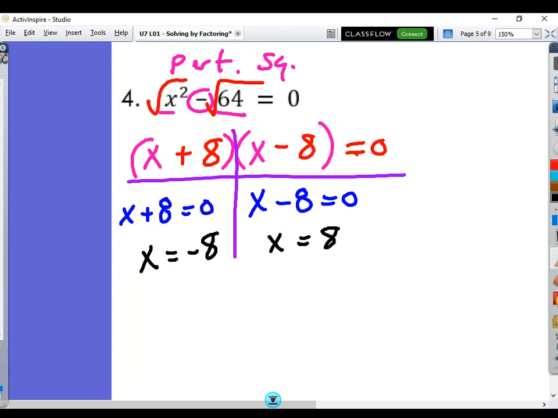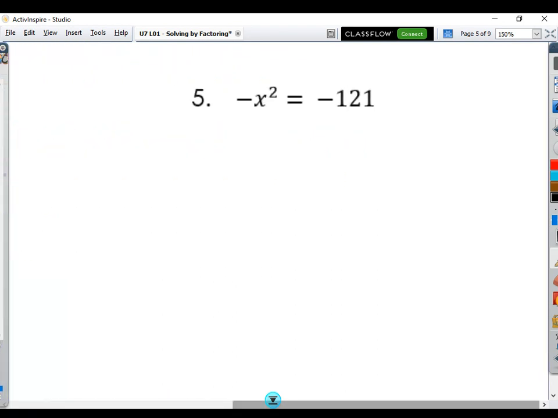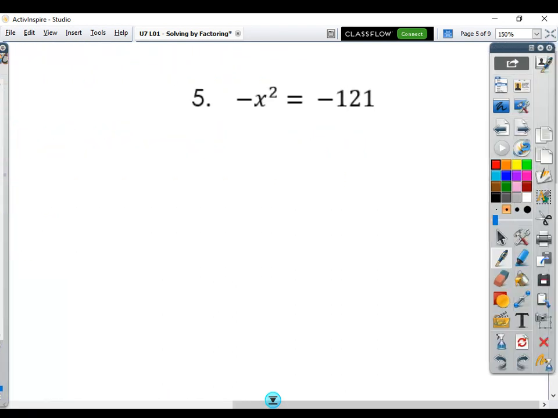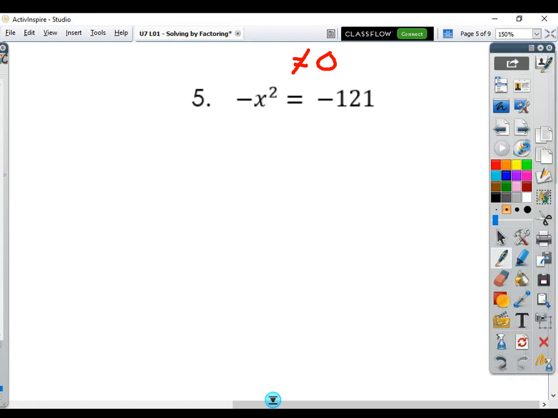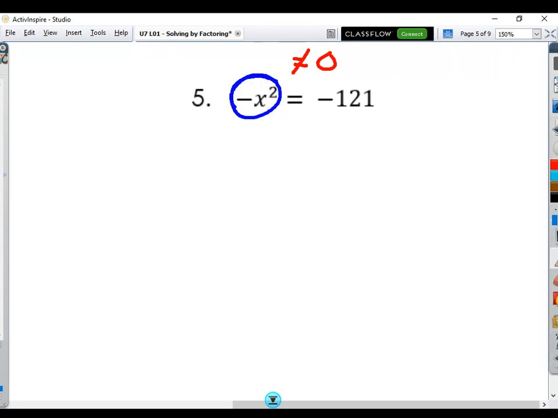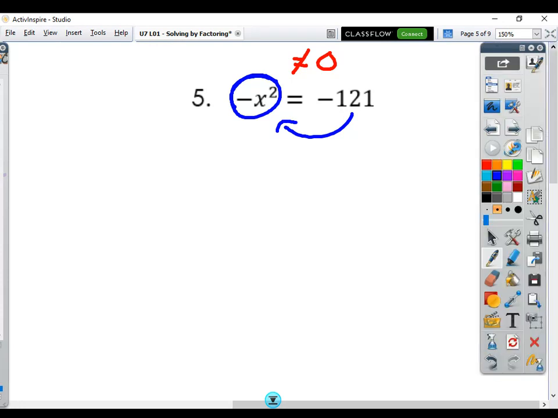Those are my solutions. Number 5 takes a little bit of work here because here's the problem. It's not equal to 0. So we've got to get it equal to 0. And there's a few ways you can do that. But my recommendation is it's always going to be easier when this guy is positive. So I'm actually going to, instead of bringing the negative 121 this direction, I'm going to bring the negative x squared.